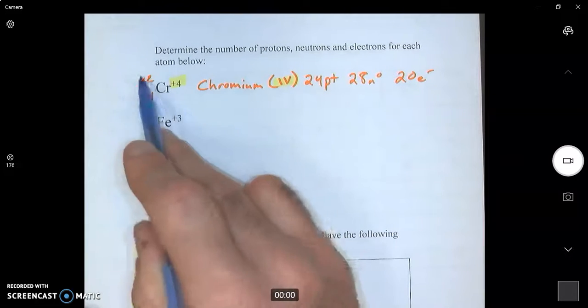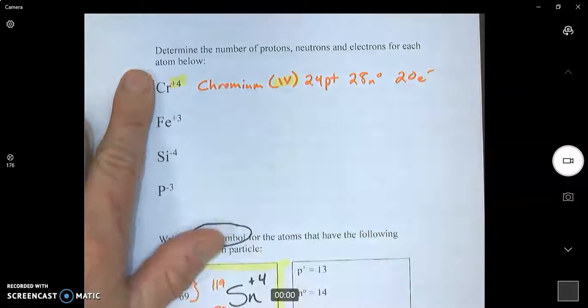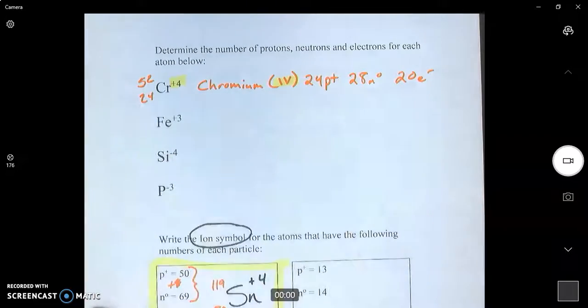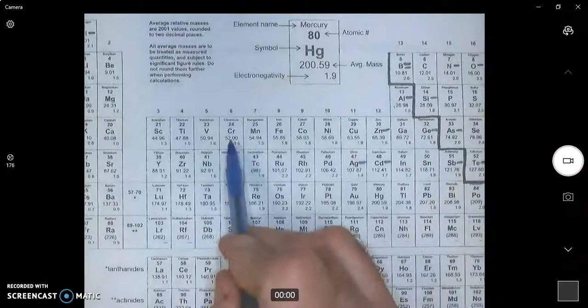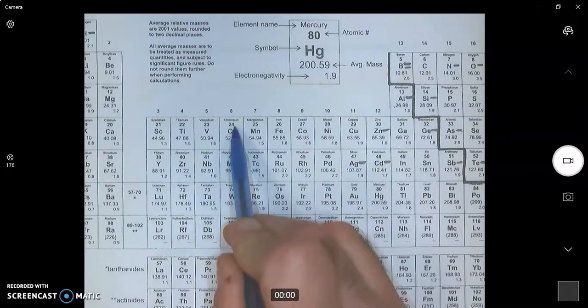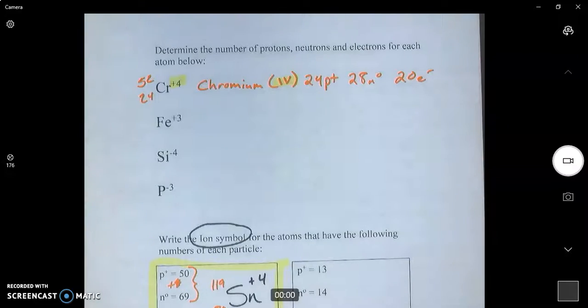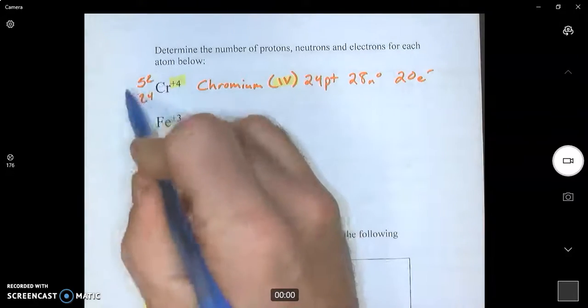Chromium with a +4 charge. That's the ion symbol. Let's add the mass number and atomic number from the periodic table. Chromium's right here. Mass of 52, atomic number of 24. Let's put that in, just so we have all of our data together in one spot.